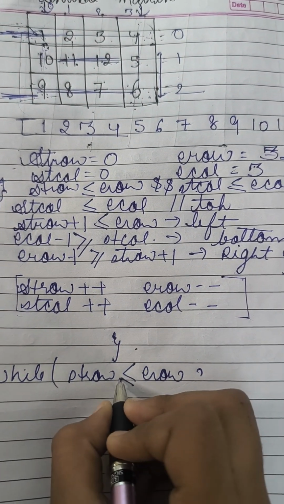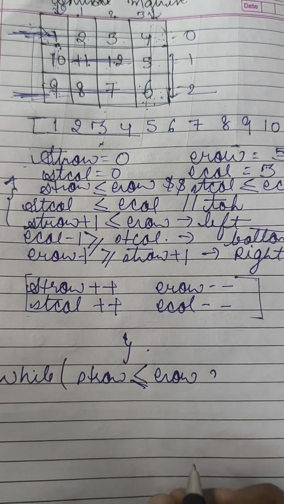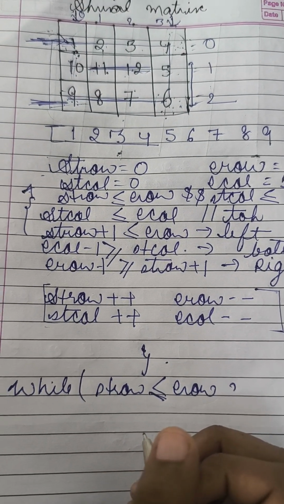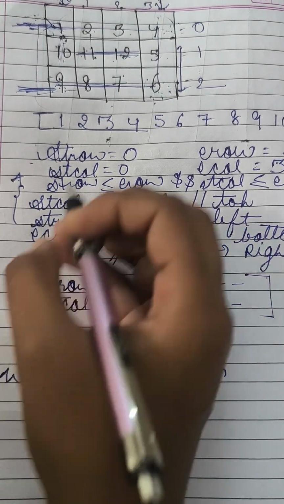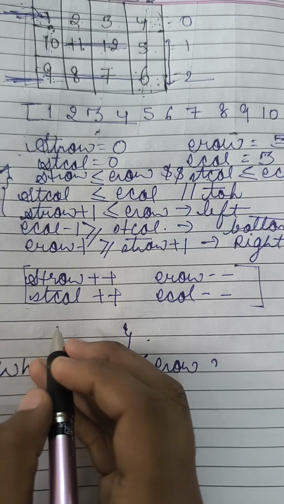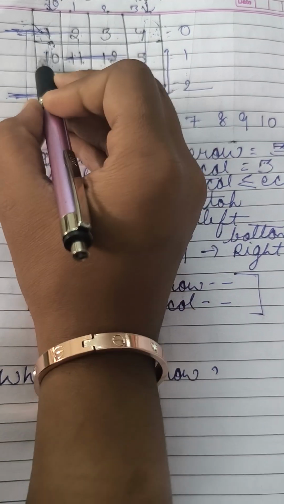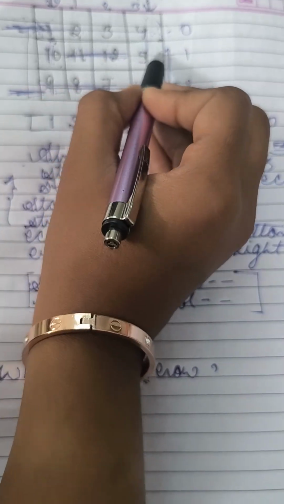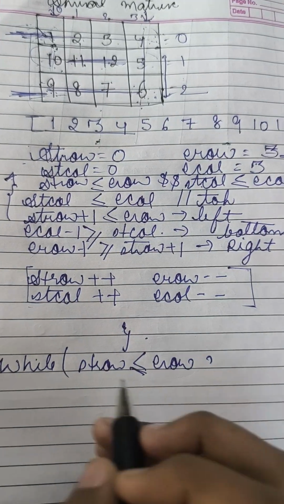And you might be wondering why we took smaller than or equal to. We took equal to because when we do starting row plus plus and ending row minus minus, if we had not included starting row equal to ending row, then this part would have got messed up. That's why we have put this condition.